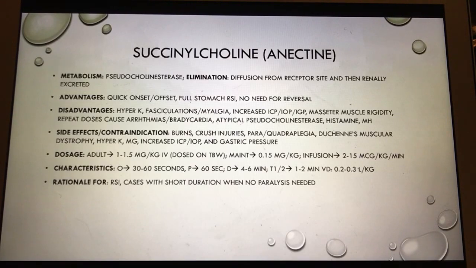Another disadvantage is increased intracranial pressure. You can increase cerebral blood flow in some patients. And it's important to make sure you secure a good airway and hyperventilate in these patients. It's not contraindicated for patients with intracranial pressure, but it's a relative contraindication.